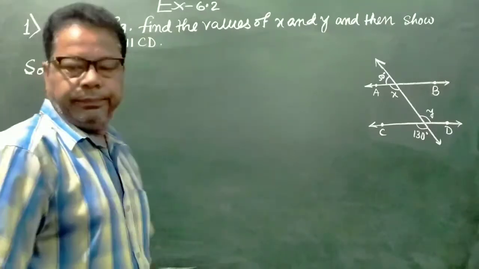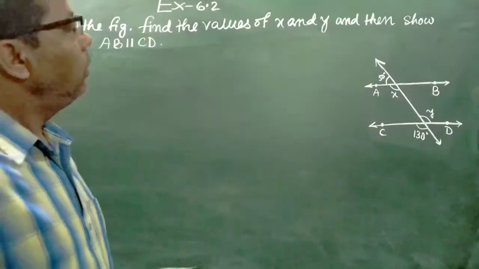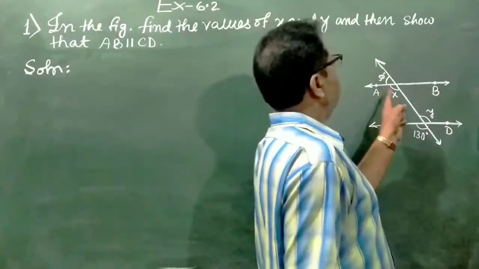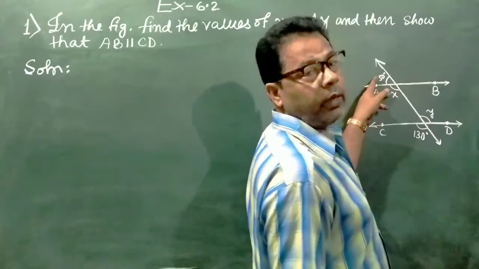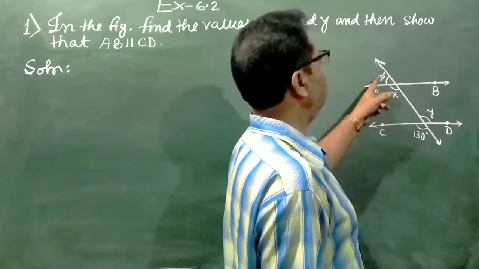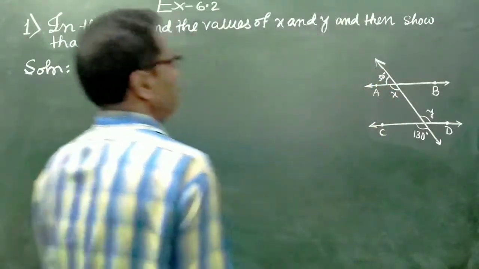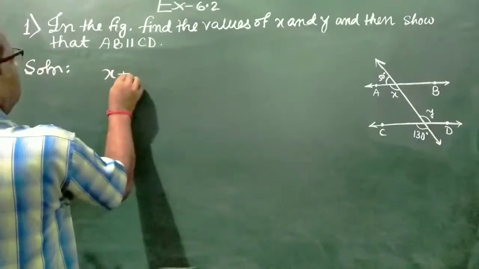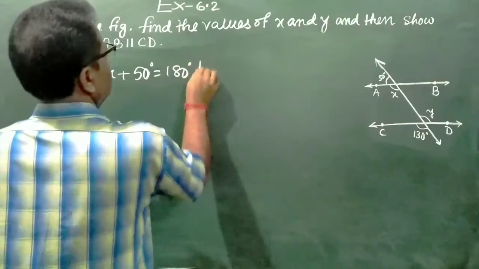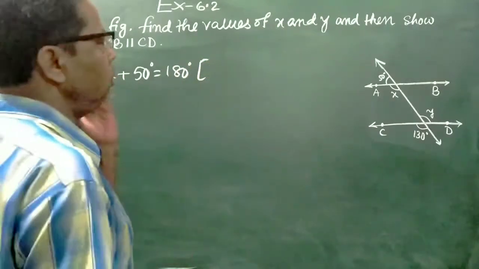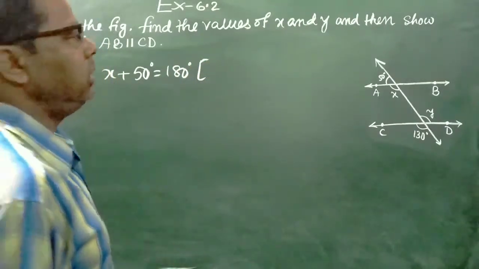So here, x and that 50 degrees, if we add together, we get 180 degrees, because these two angles are called a linear pair. X plus 50 is equal to 180 degrees.